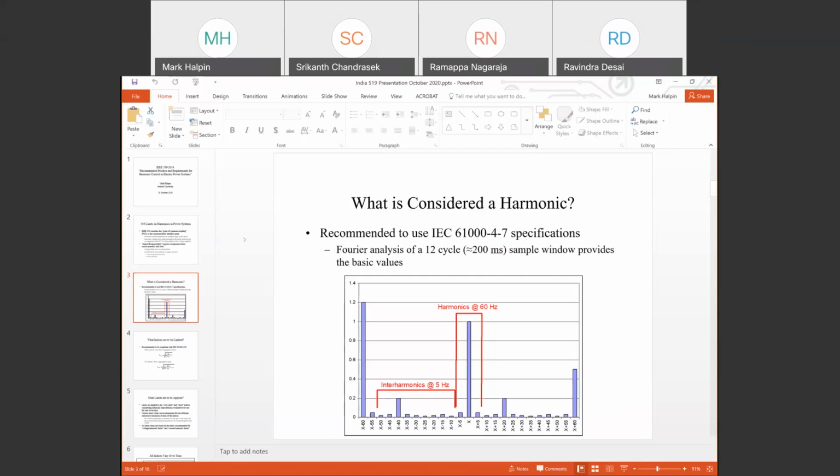The interharmonic content is spaced out over what we call 5 hertz bands. Now, a harmonic, and everything that's subject to the limits we're talking about here today, is considered to be the RMS value of the integer number and the 5 hertz bins on either side.